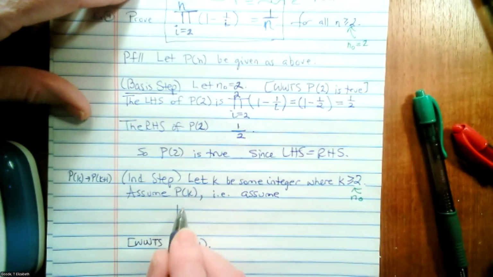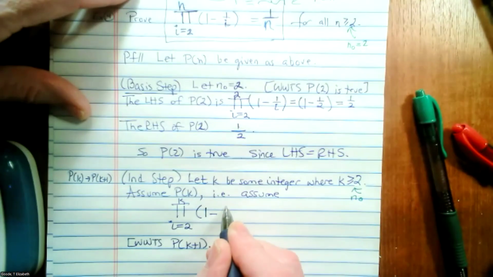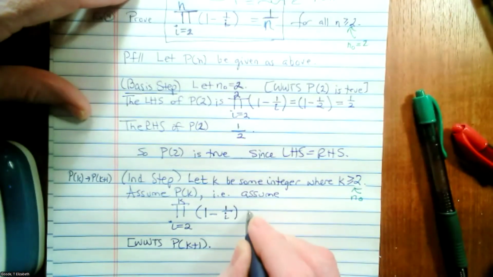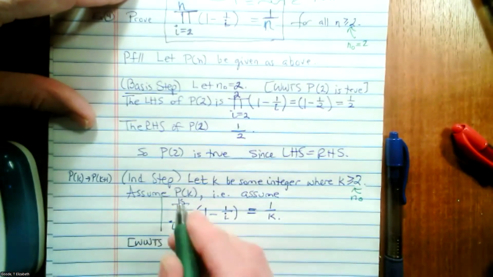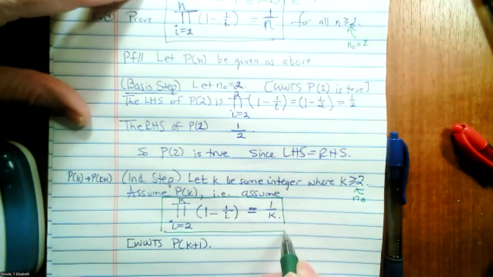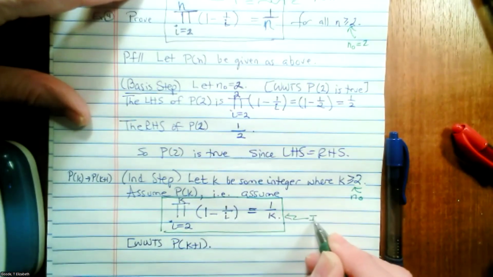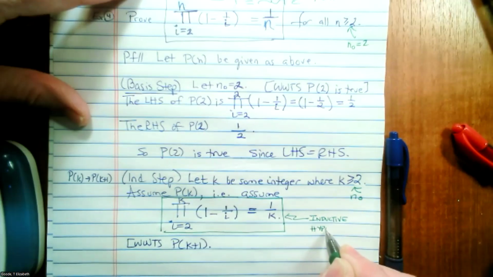So the product from I equals 2 to K of 1 minus 1 over I equals 1 over K. Nicely done. Very nice. So that is our inductive hypothesis. This is our money in the bank right here. We're going to spin this to buy our wish.